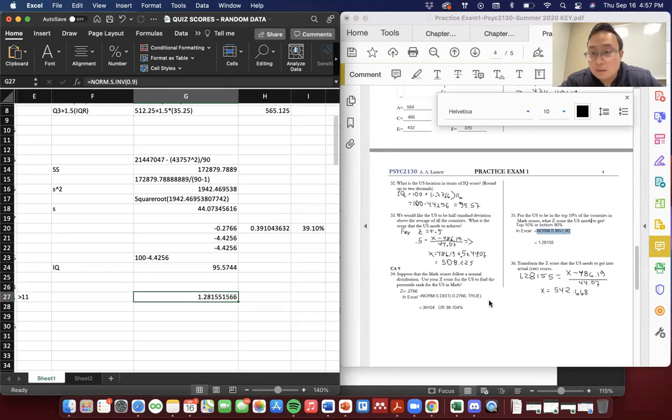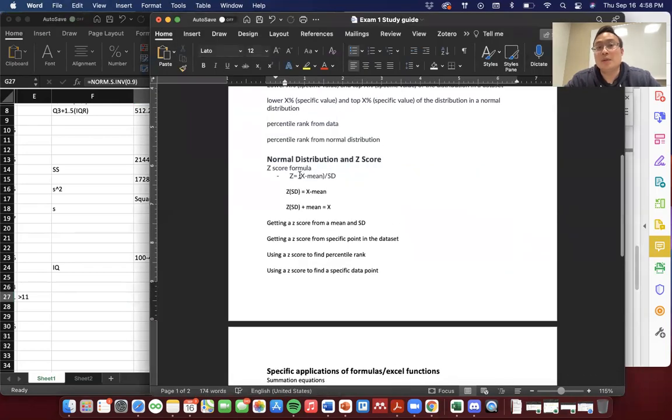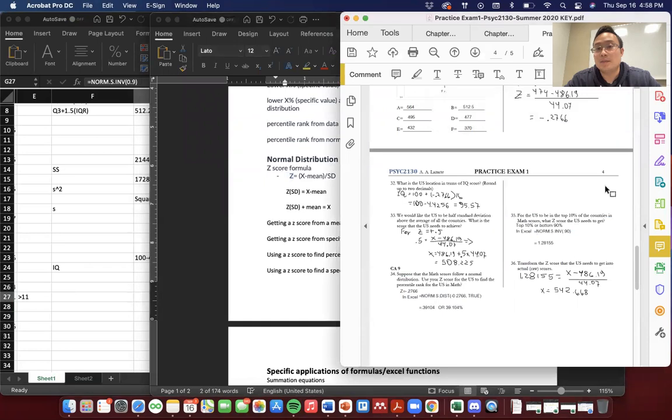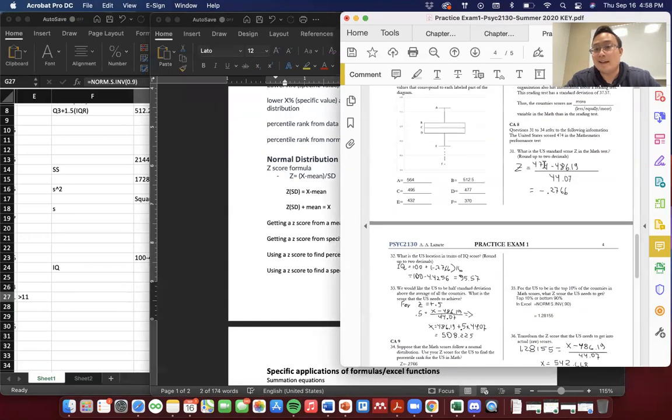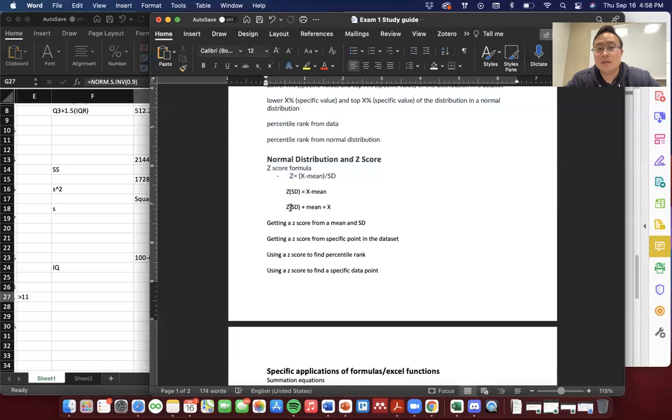So now transform the z-score into a US score. This is the reverse of the problem right here, where before you needed to find the z-score, and it gave you the x but didn't give you the z-score. This one gives you the z-score, but not the x.